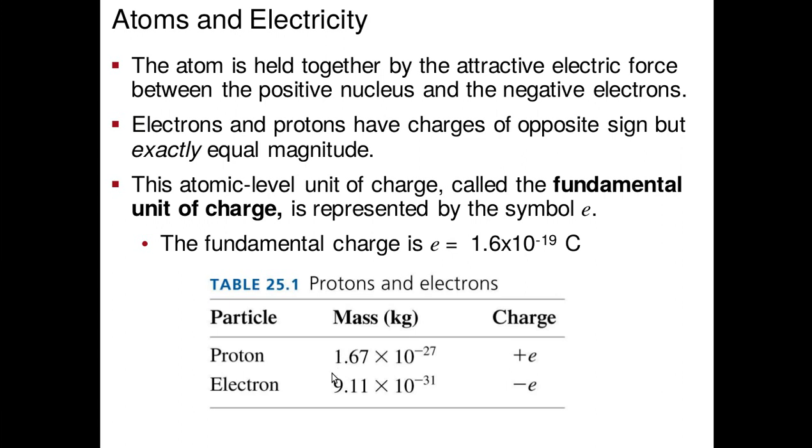The electron is much less massive, 9.11 times 10 to the negative 31 kilograms. The fundamental unit of charge and these two masses are quantities that we're going to be using fairly often in the next couple chapters, so again, they're good to have handy. And we're in physics class, so it can be kind of annoying, but we want our masses in kilograms.